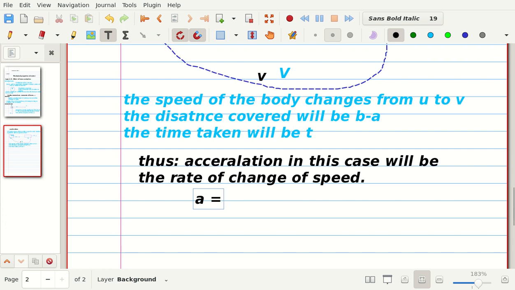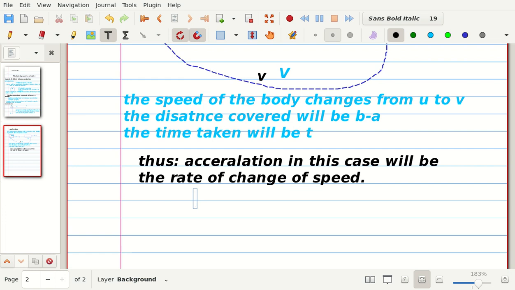Thus A equals, let me type a mathematical function. I saw a LaTeX site there, so I will write a math function here. Thus A equals the change in velocity, which is V minus U, over time.